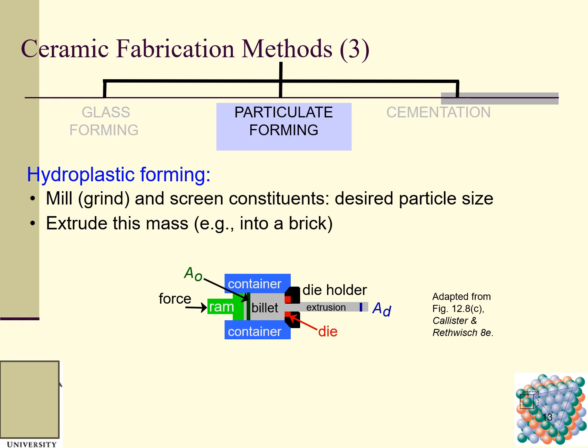So this is the force, this is the ram, this is the billet, and here is the die holder and your container. At the very beginning, this is the initial cross-sectional area A, and this is the desired cross-sectional area of the extrusion. And then you need to dry and fire the formed piece.